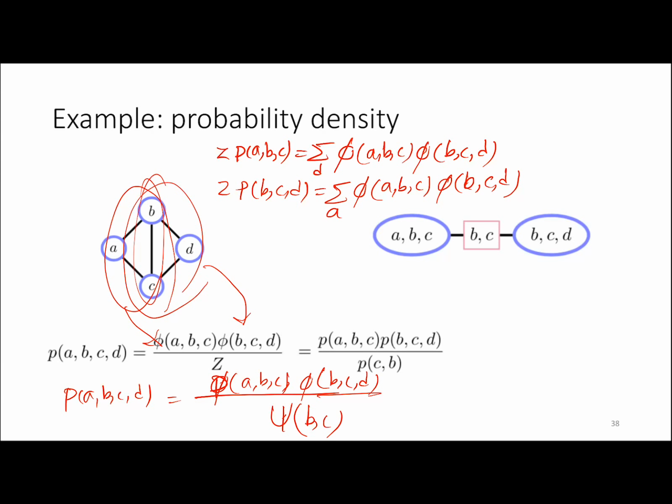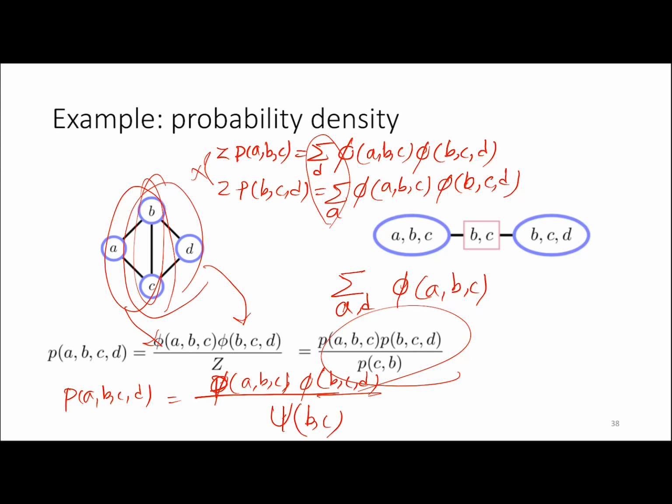Now, if I multiply these two sides by each other, what do I get? I get two sums over A and D of this A, B, C. It's basically P squared. If I shuffle them around, I'm going to get this term.